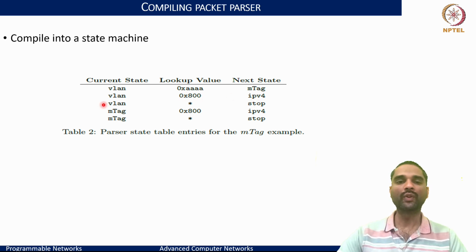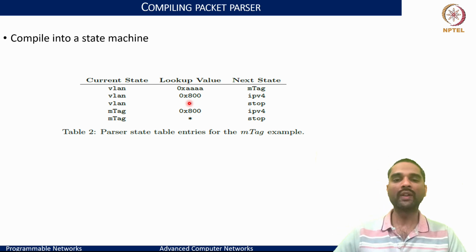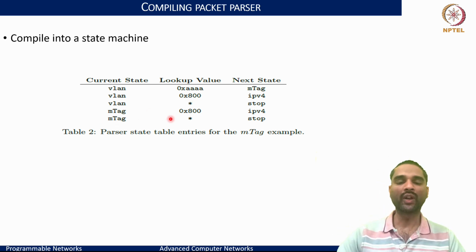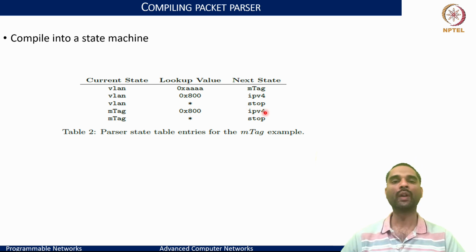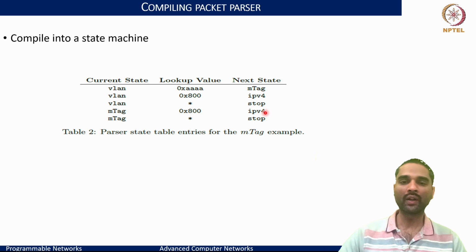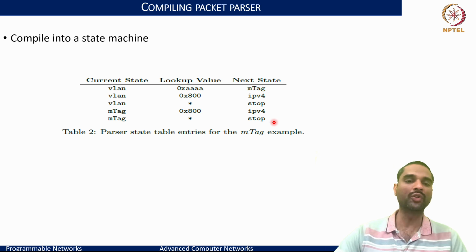And likewise, when we look up VLAN and the next value is not defined, then it's a parse error and we would stop. And if we are in the MTAG and we see that there is an IPv4 as the next header, with 0x800 as the lookup value, we would go ahead and do the IPv4 processing. And if there is an MTAG and the lookup value happens to be anything other than 0x800, then again we have hit an error and we stop.